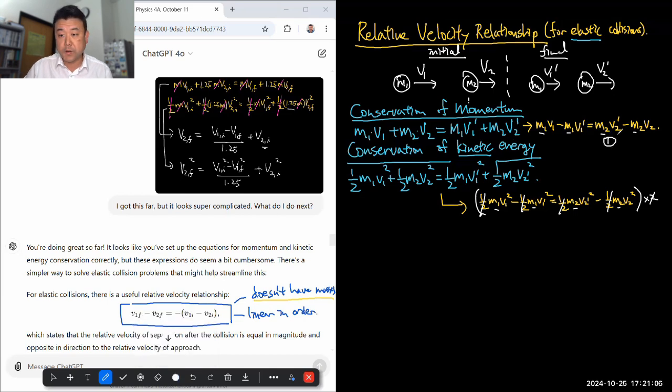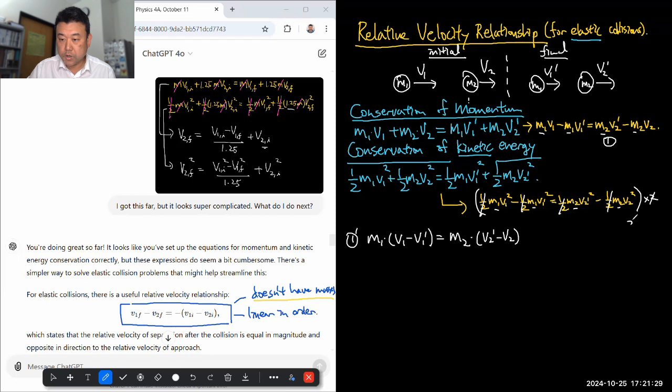So from this equation 1, I'm going to have this 1 prime. With the m1 being factored out, I have m1 times (v1 minus v1 prime) is equal to m2 times (v2 prime minus v2).